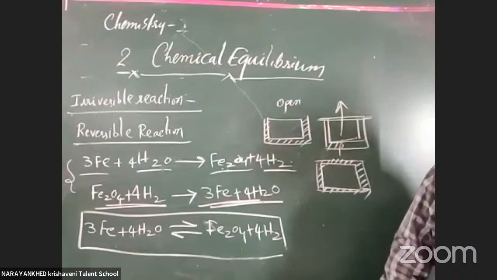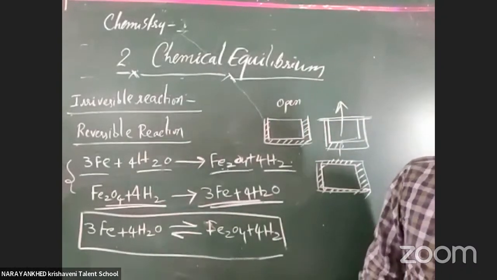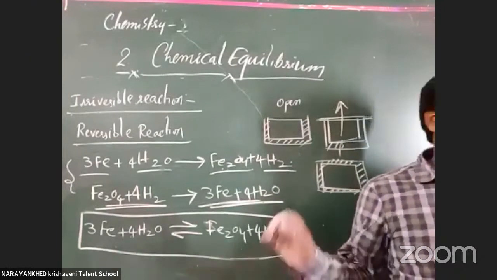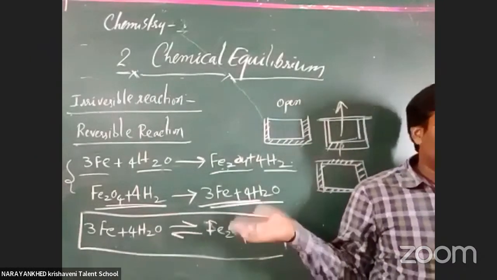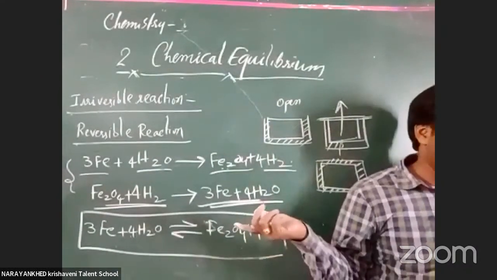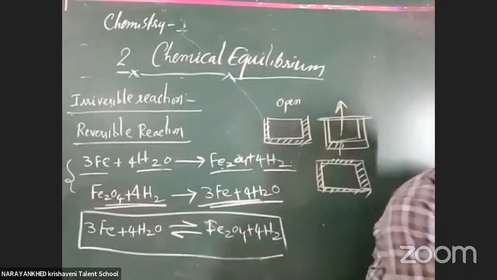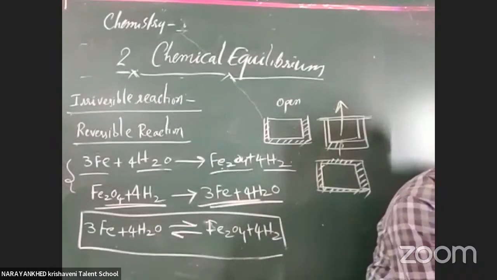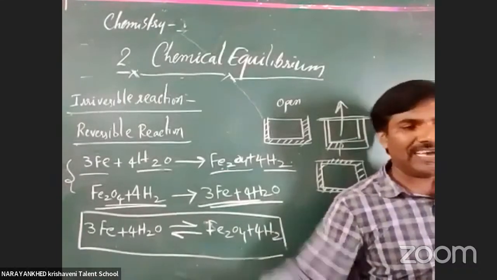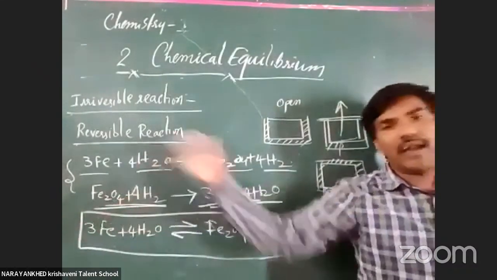But our reversible reaction occurs in a closed system. Energies are exchanged, but substances may not be exchanged with the surroundings. Clear or not? Because of that, what happens? Energy is either added to the system or lost from it.